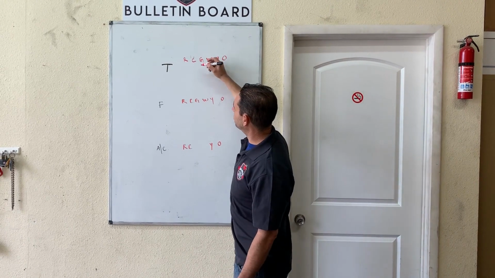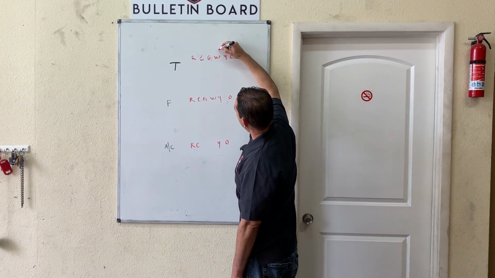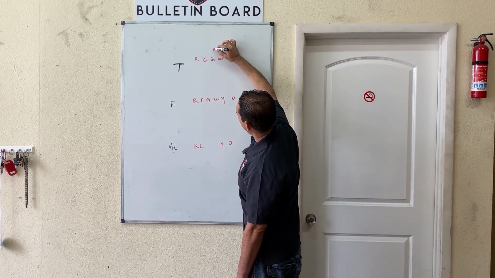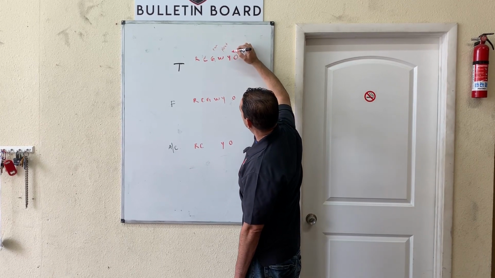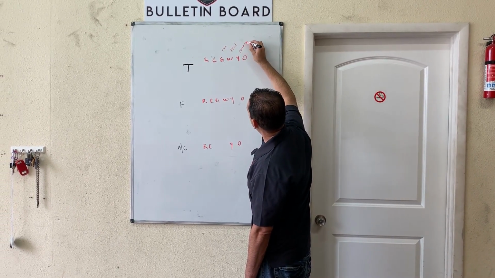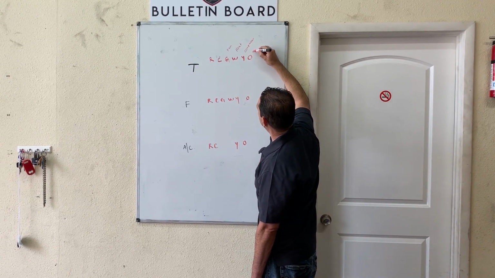For example, let's say you want to turn your heater on. This W represents heat. The G represents fan. The Y represents compressor, and the O represents reversing valve.